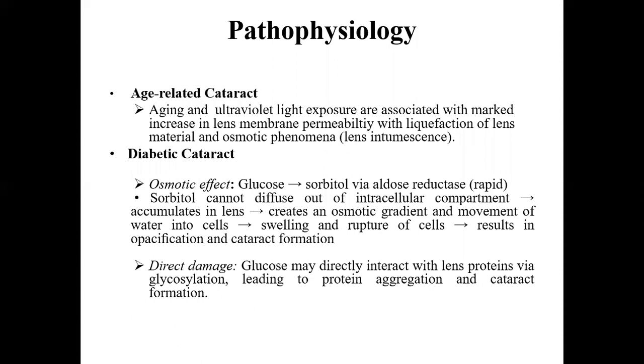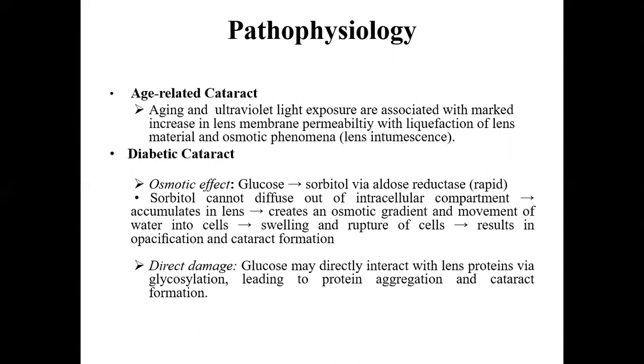The exposure to ultraviolet or age increases the lens membrane permeability, a lot of things go in, and then there is liquefaction of the cortex mostly, and opacification sets in very easily.